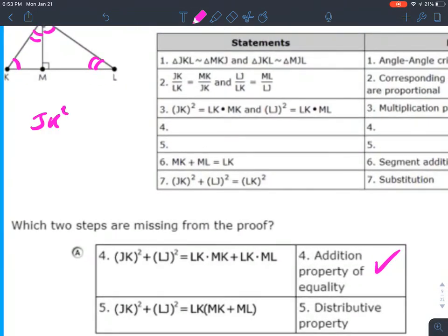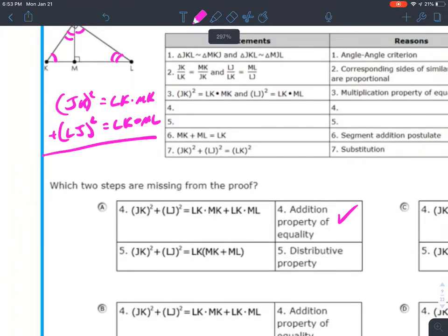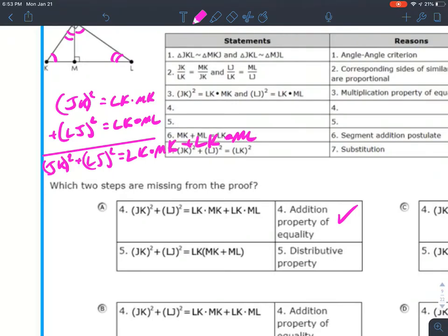We could take JK squared equals LK times MK, and then add to that LJ squared equals LK times ML. If you add those together, you're going to get JK squared plus LJ squared equals LK times MK plus LK times ML.